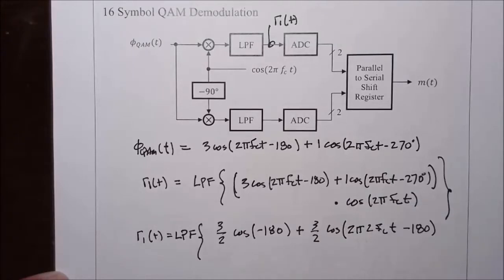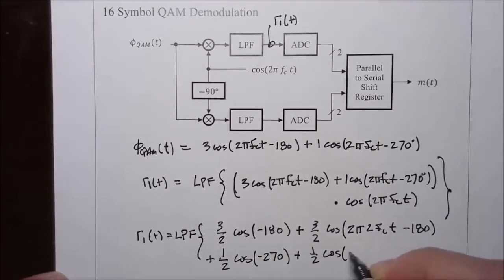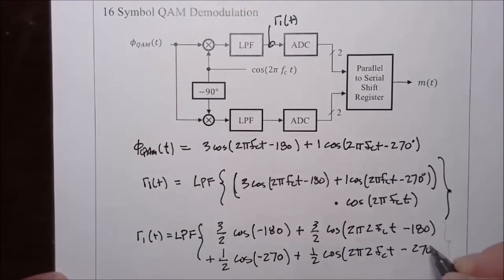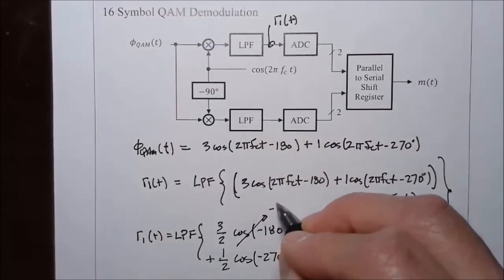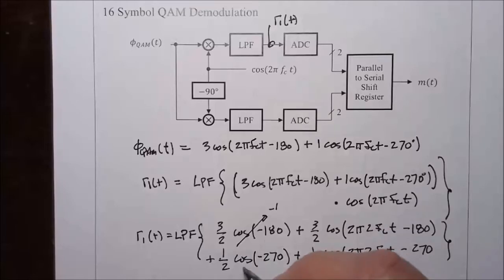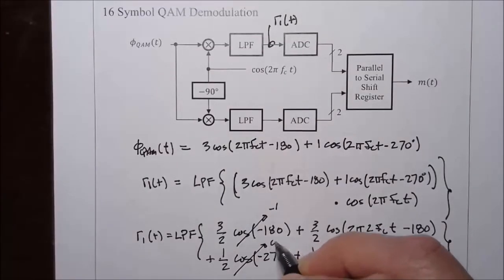And then the other multiplication gives us plus 1/2 cosine the difference of the angles minus 270 degrees plus 1/2 cosine 2 pi times 2 FCT minus 270 degrees. So cosine of minus 180 is minus 1. Cosine of minus 270 is 0.